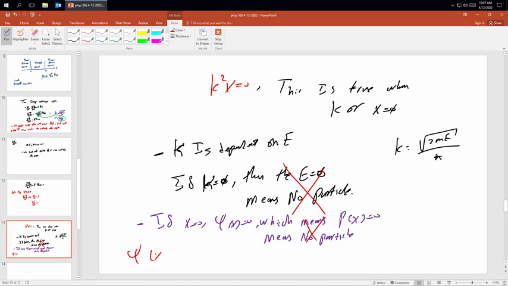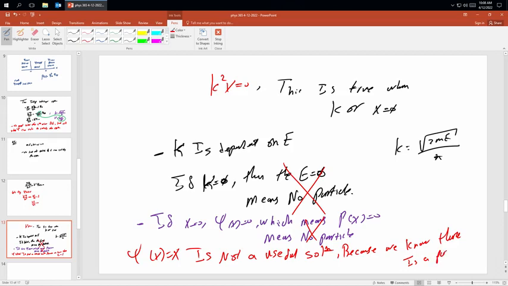So psi of x equals x, that's what we had from the beginning, is not a useful solution, because we know that there's a particle in there.